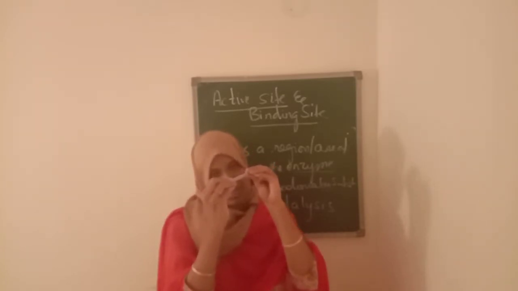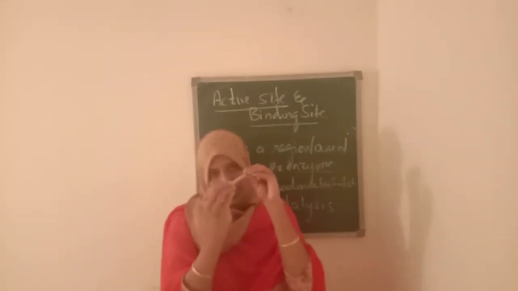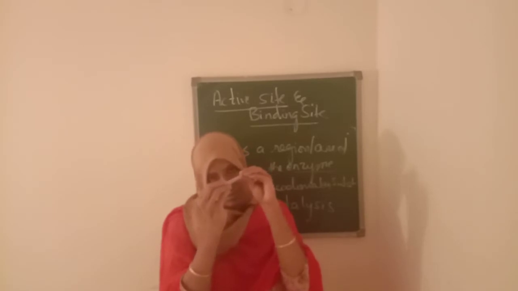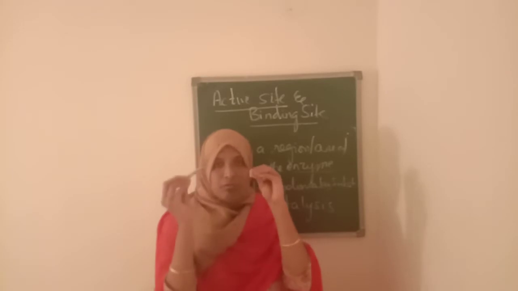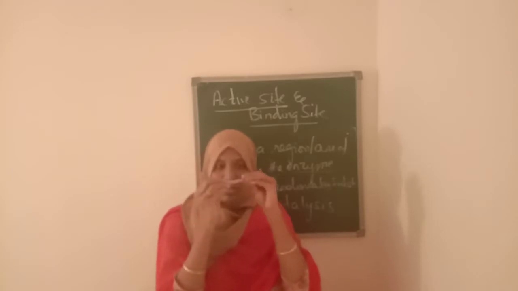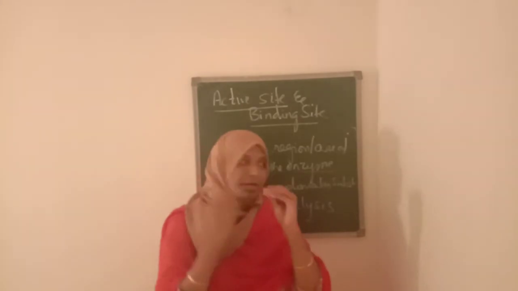So this active site is present on the enzyme. It's a small area or region on the surface of the enzyme where it accommodates the substrate, where the substrate binds, catalysis is done and the product is formed.